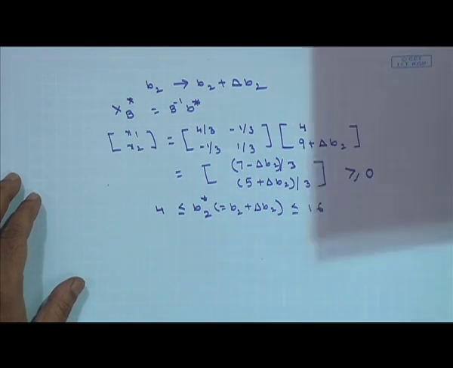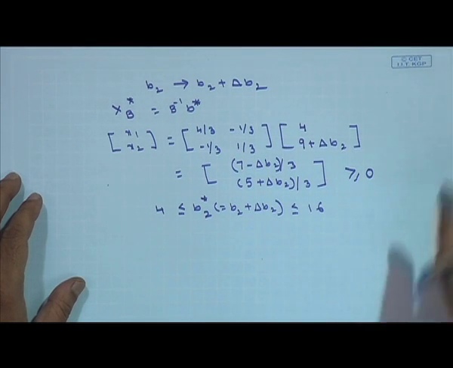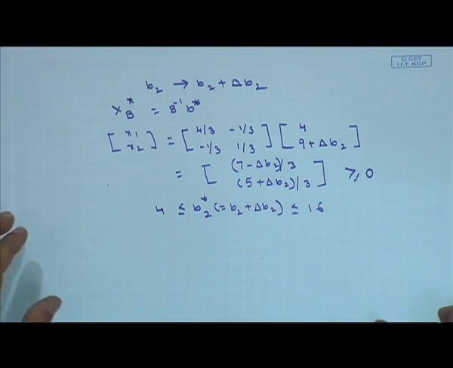So, whenever I have the original problem, I can see how much deviation can be given so that the optimal solution remains the same. I do not have to calculate it again and find the optimal solution.